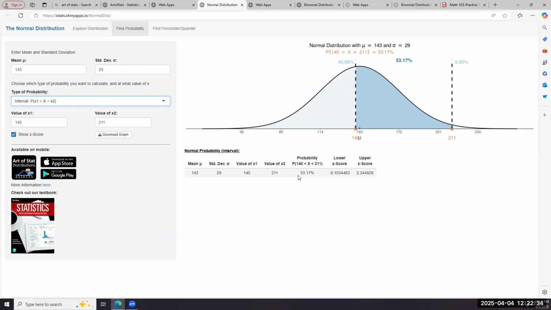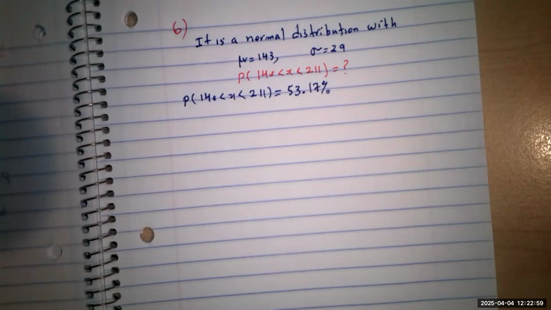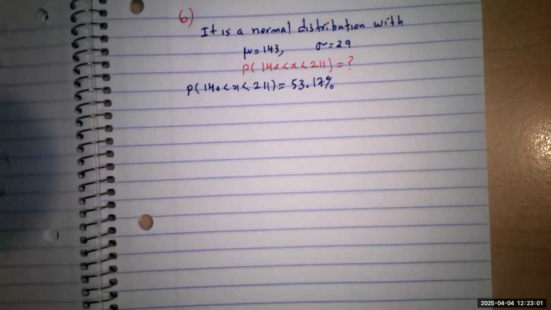Okay, 53 point 77%. So if I pick one woman out randomly, there is a 53% chance that the weight of that woman is going to be between 140 and 211. Okay, very easy procedure to get these numbers.